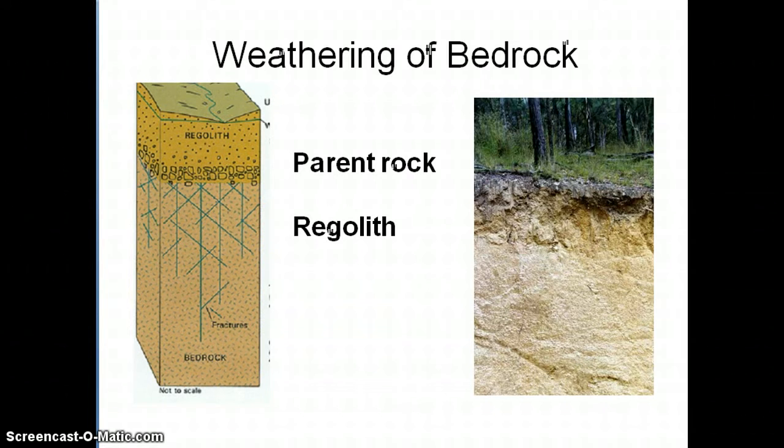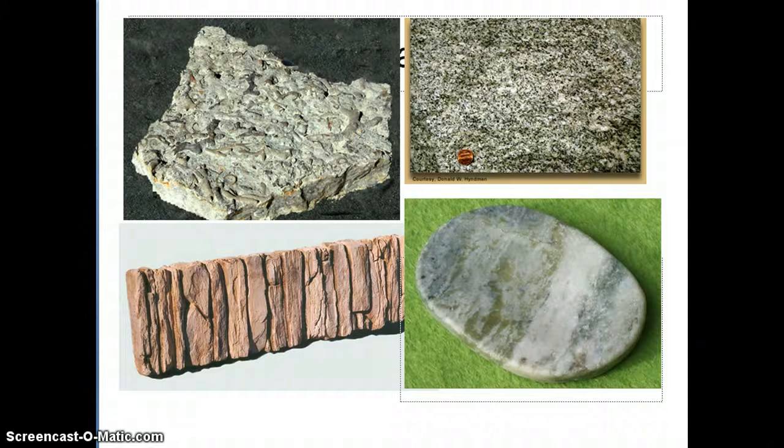How does that break down into smaller pieces? The parent rock often has what's called a layer of regolith, or rock that's been somewhat decayed or broken down, and there's several factors that create that decay of rock. Now the type of rock has a lot to do with this. So if you start with a rock, this is an oolitic limestone, you can see it's got a lot of holes in this.